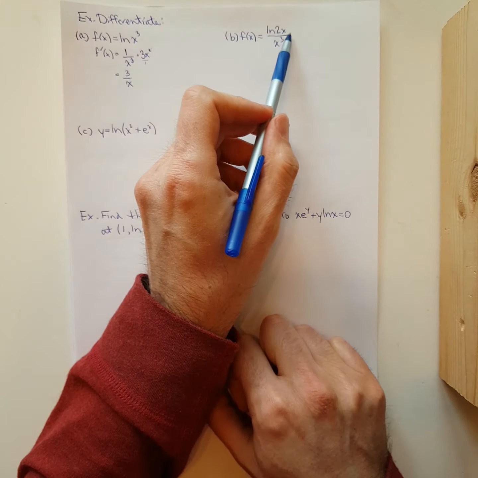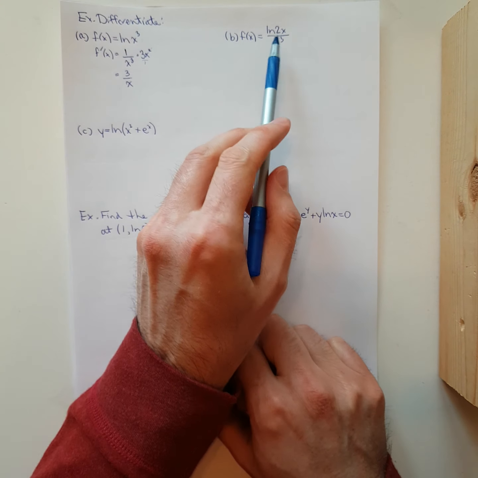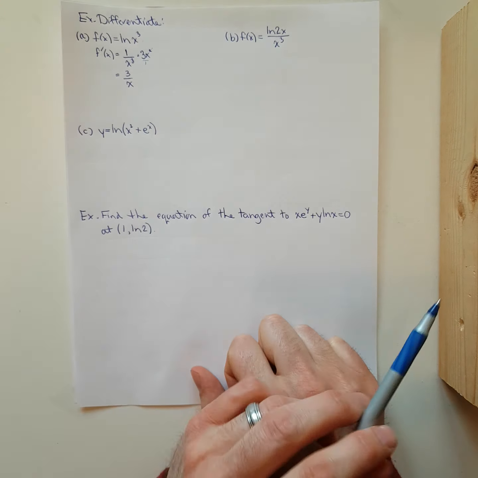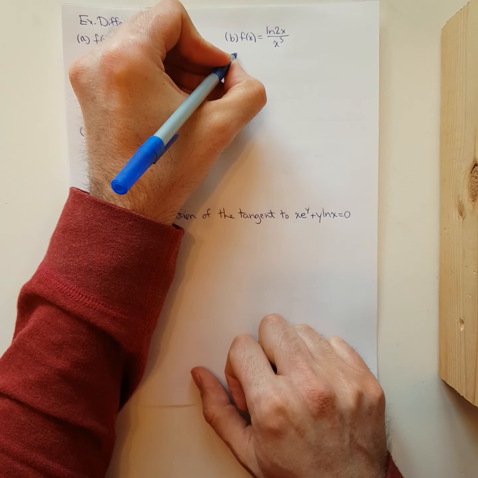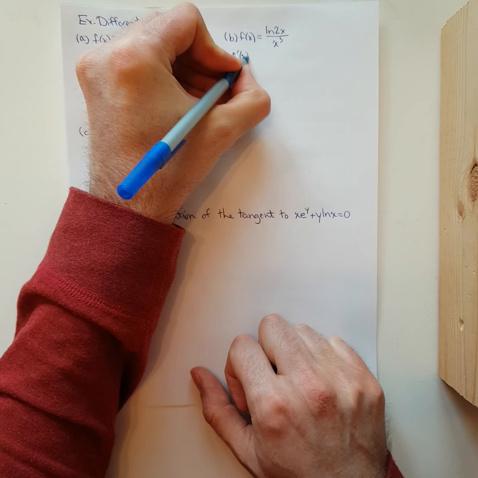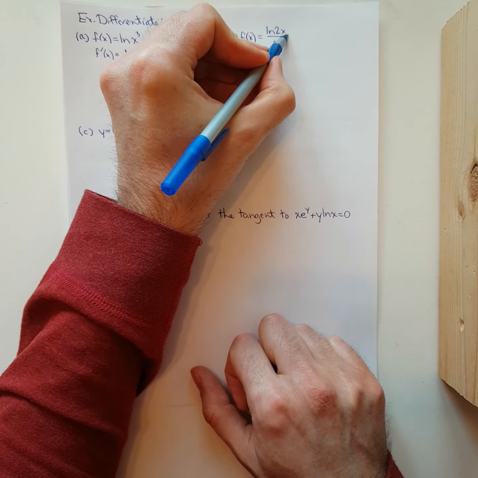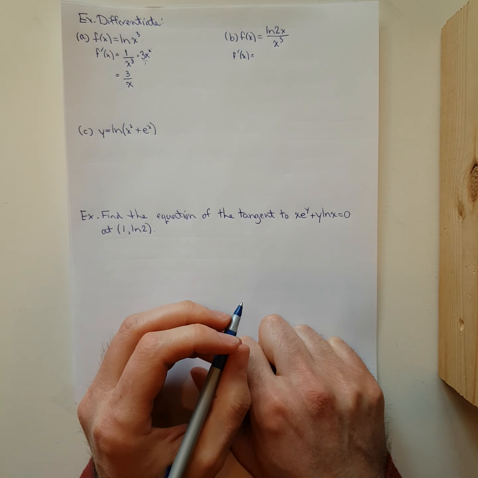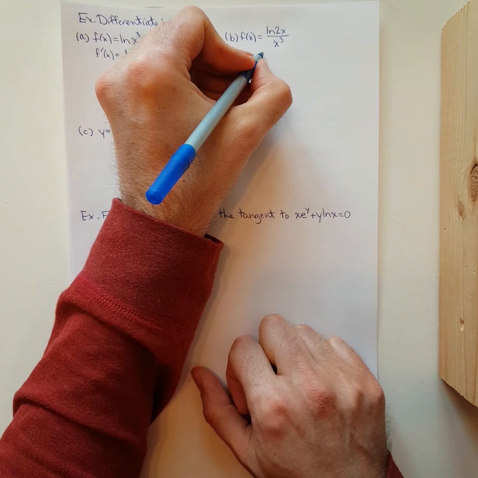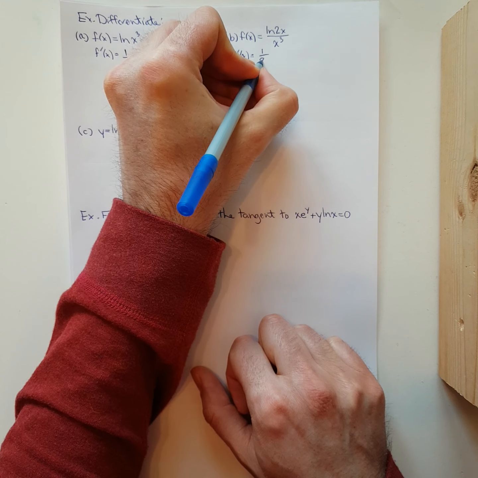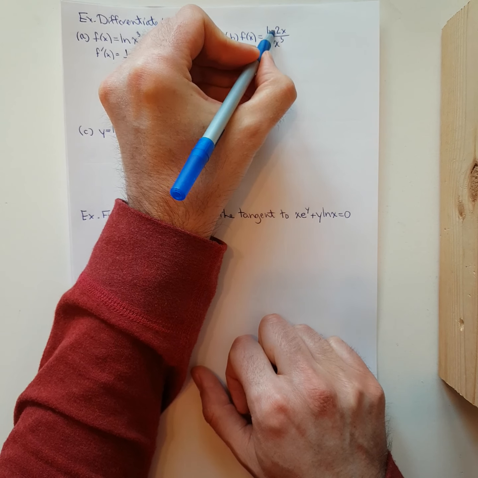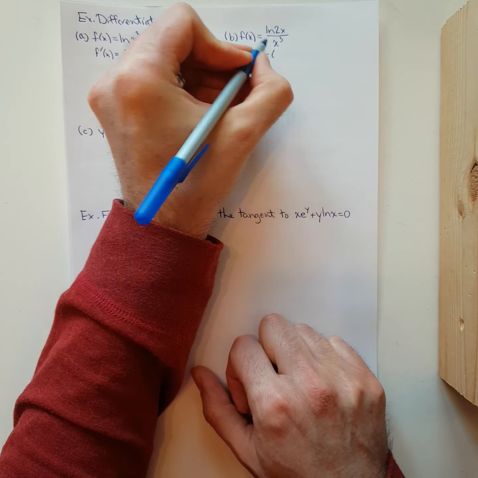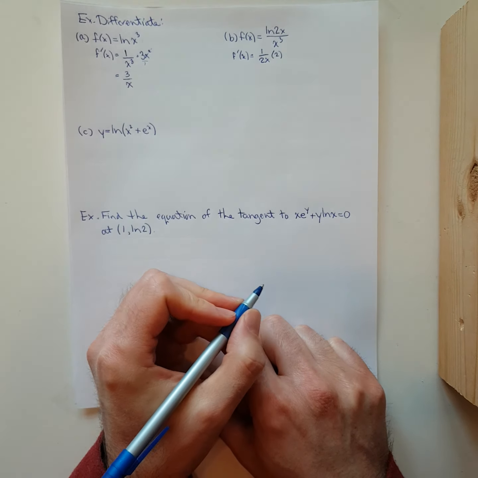We can also now start to incorporate this rule with some of our other rules. Here I have a quotient, so we will have to apply our quotient rule as we take our derivative. F prime of x equals derivative of the top, so that would be the derivative of a natural logarithmic function. So we have 1 over the argument multiplied by the derivative of the argument, which is 2.